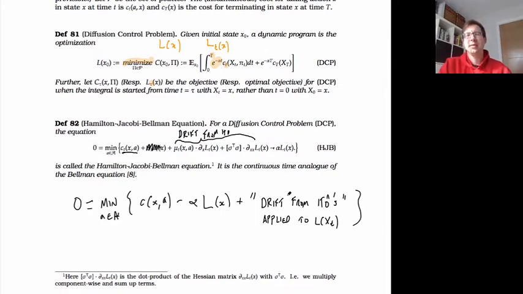That's the basic form that we get in order to derive the HJB equation.